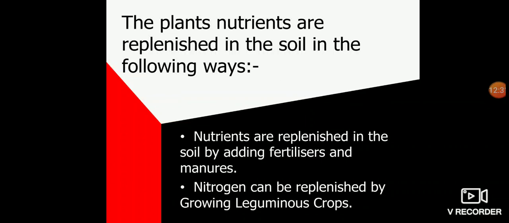They are nitrogen, phosphorus and potassium based. And manures are made from dead and decaying organic substances, which is more useful, and they are biodegradable. So we should use manure.